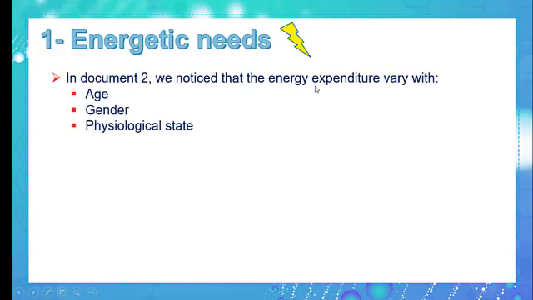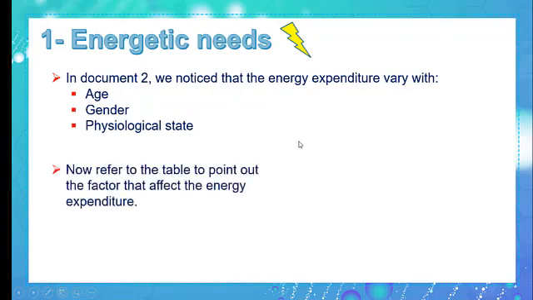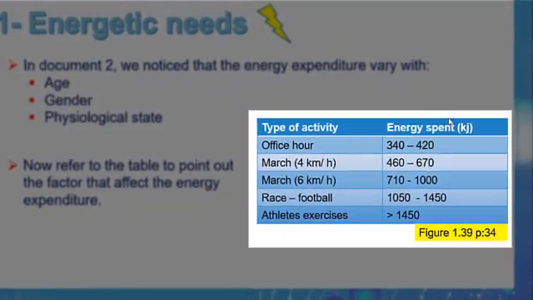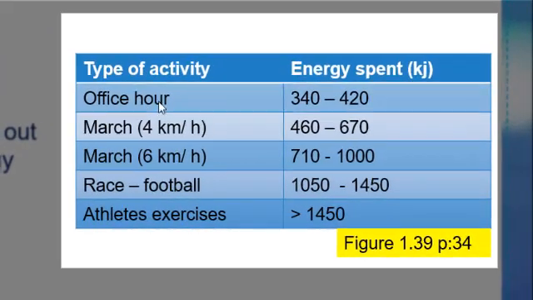If you remember in document 2, we noticed that the energy expenditure varies with age, gender, and the physiological state. If you look now at this table, you can find the energy spent according to different types of activities.